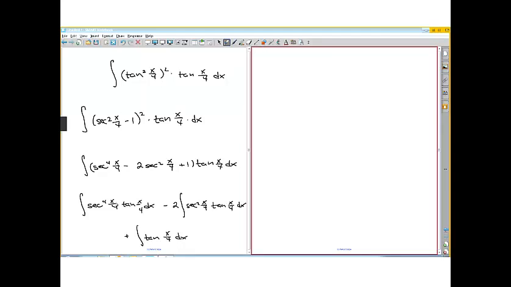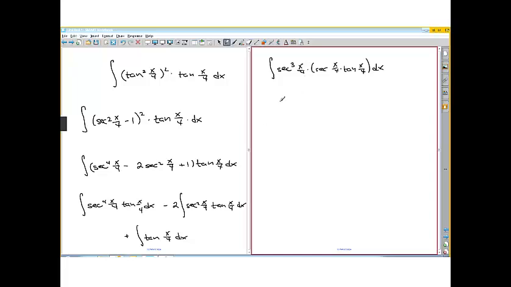Now, what we can do is, the derivative of the secant is a secant tangent. So if we take one of these secants and put it over there, we have secant cubed of x over 4 times secant of x over 4 times the tangent of x over 4 times dx. That's this one, and I'm just separating off the secant.